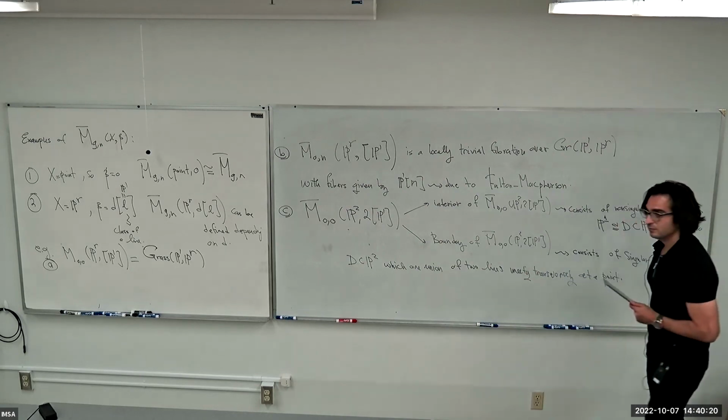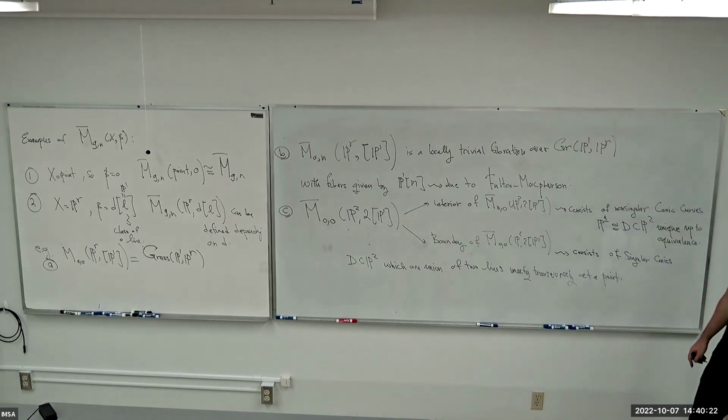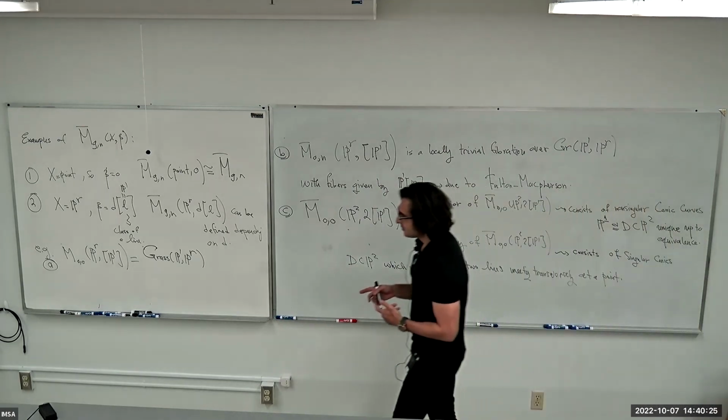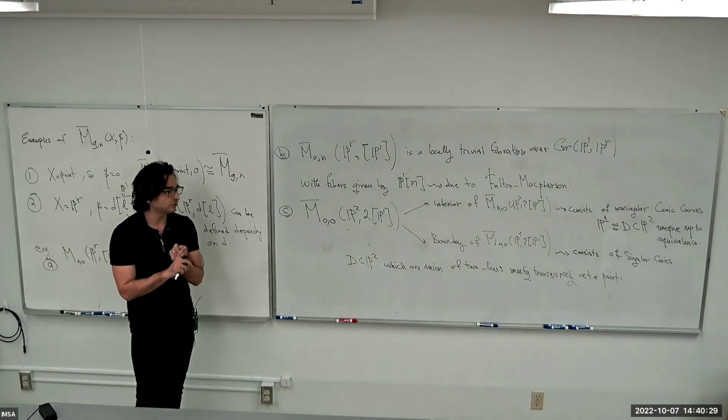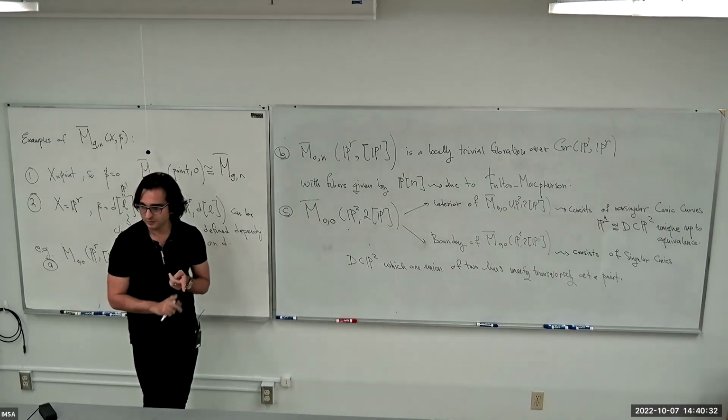Okay? Why? Because we discussed it. When you're looking at the stable maps, the type of singularity of the curve needs to be at most ordinary double point singularity, and that's the only way that you can get it for a conic.